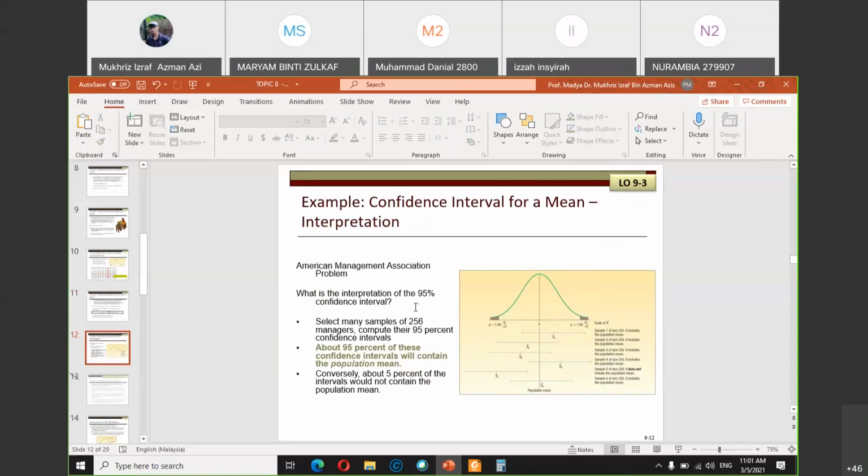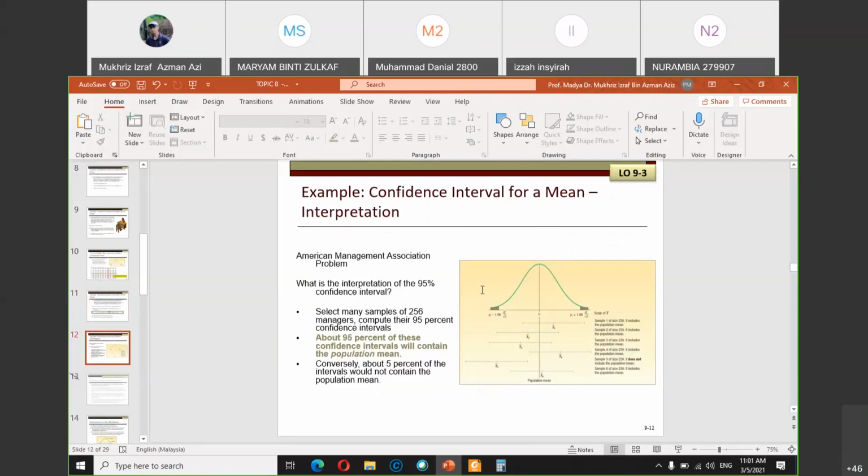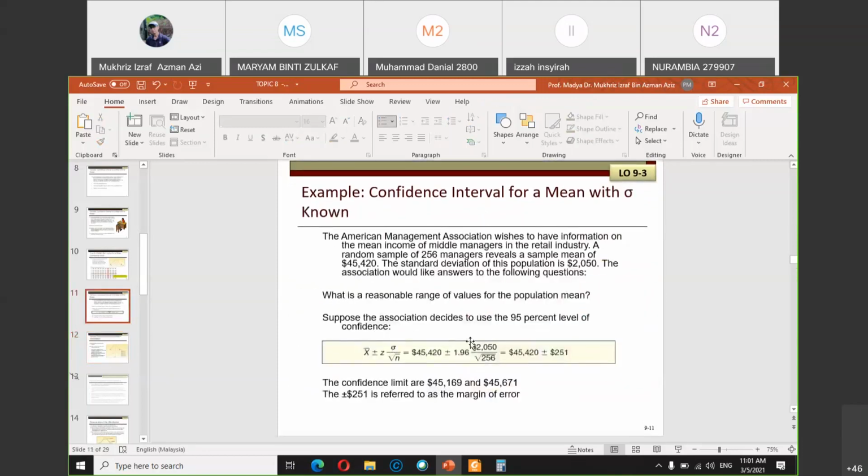If you look at this definition here, select many samples, meaning that what you find here is just one of many if you repeat the process.